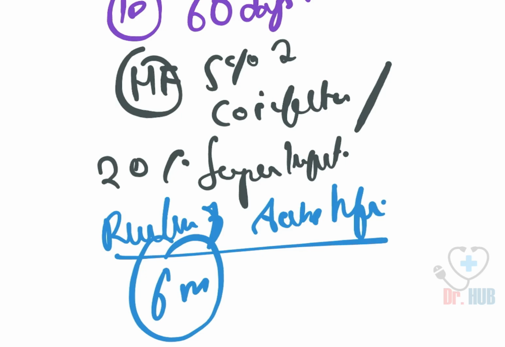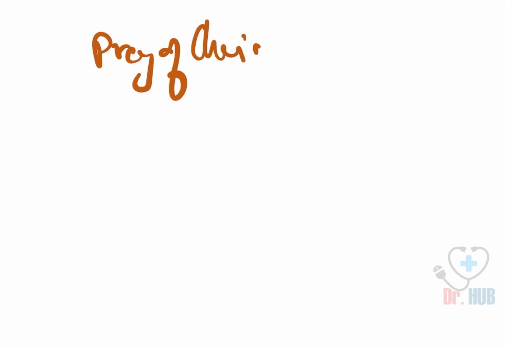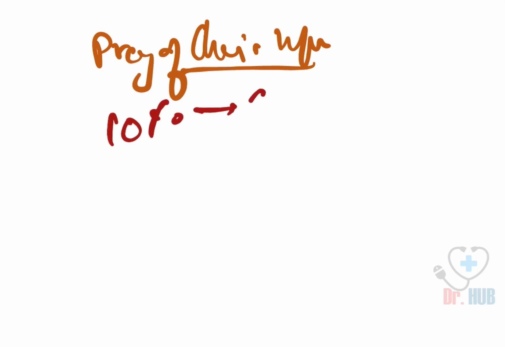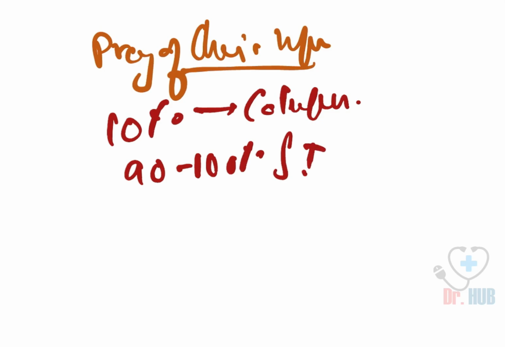Next, looking at the progression of the chronic infections, this is about 10% in co-infection and 90 to 100% in superinfections.